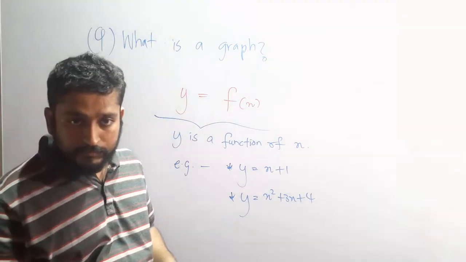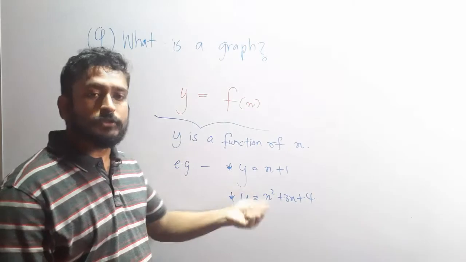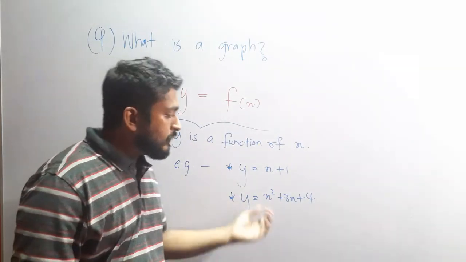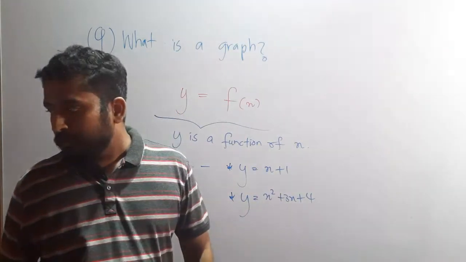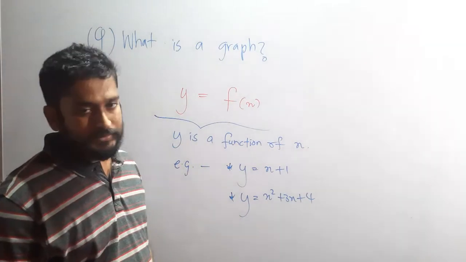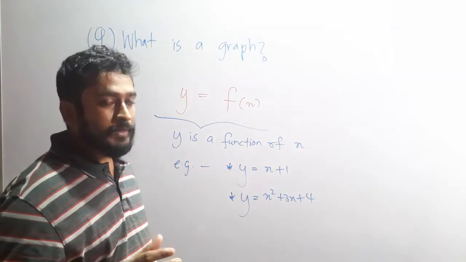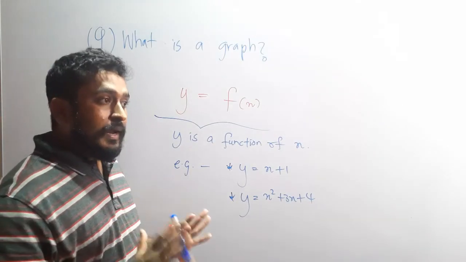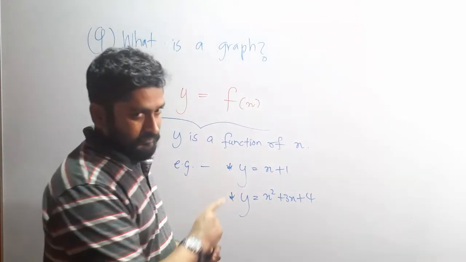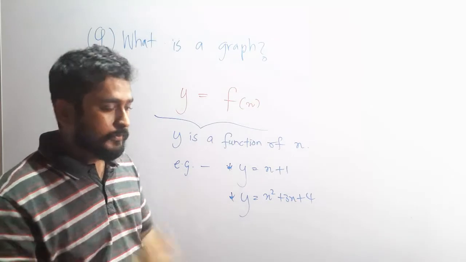Is y a function of x? Yes, y is in terms of x as the variable. Both x and y are variables. You will understand this better soon when I talk about the input and output.